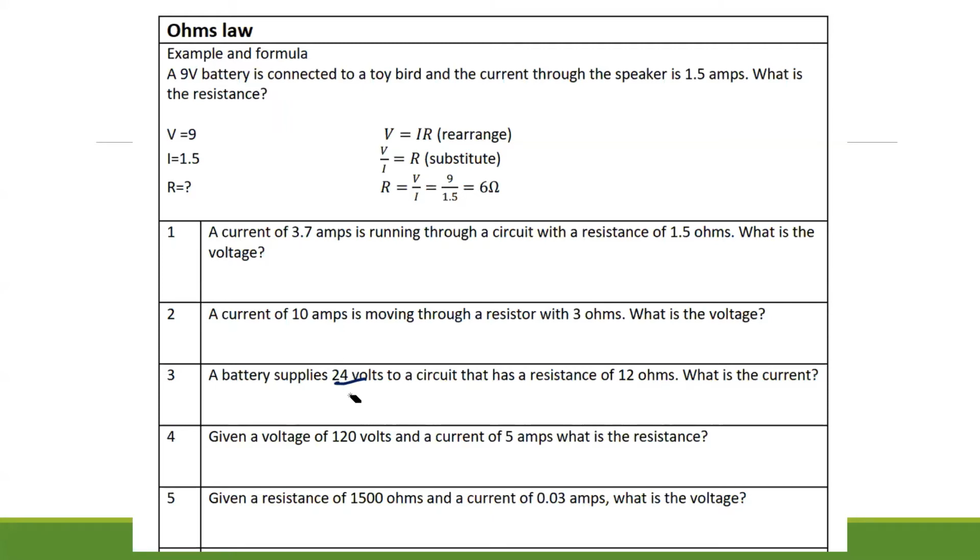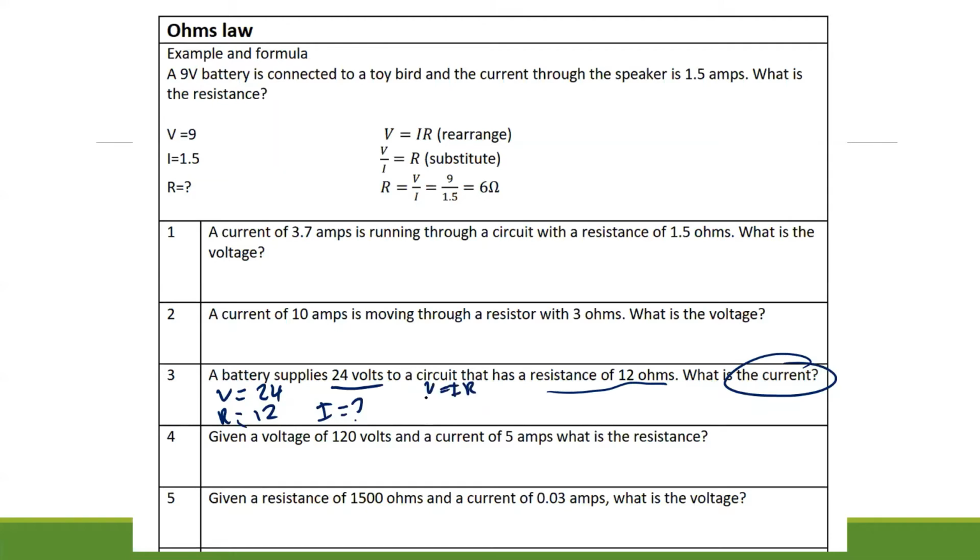A battery supplies 24 volts to a circuit and has a resistance of 12 ohms. What is the current? Okay, V equals 24. R equals 12. I is unknown. Well, let's use our formula. V equals IR.